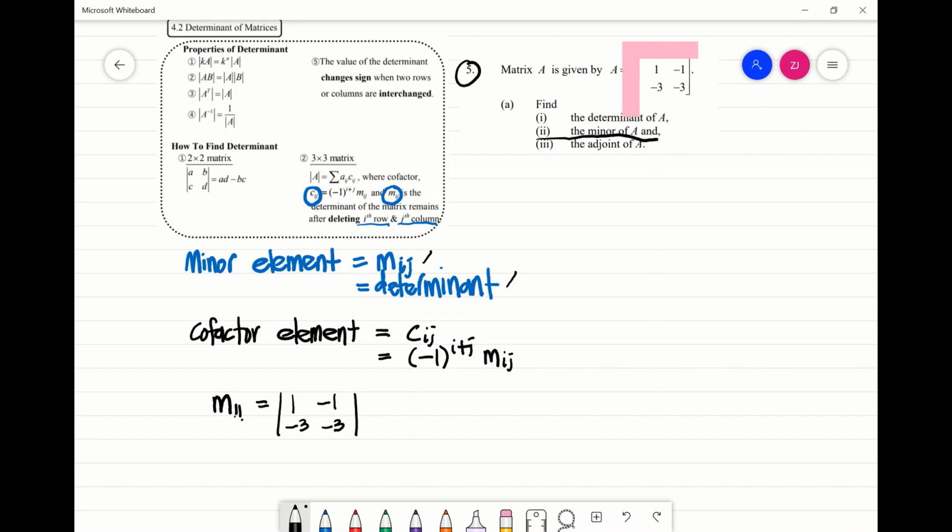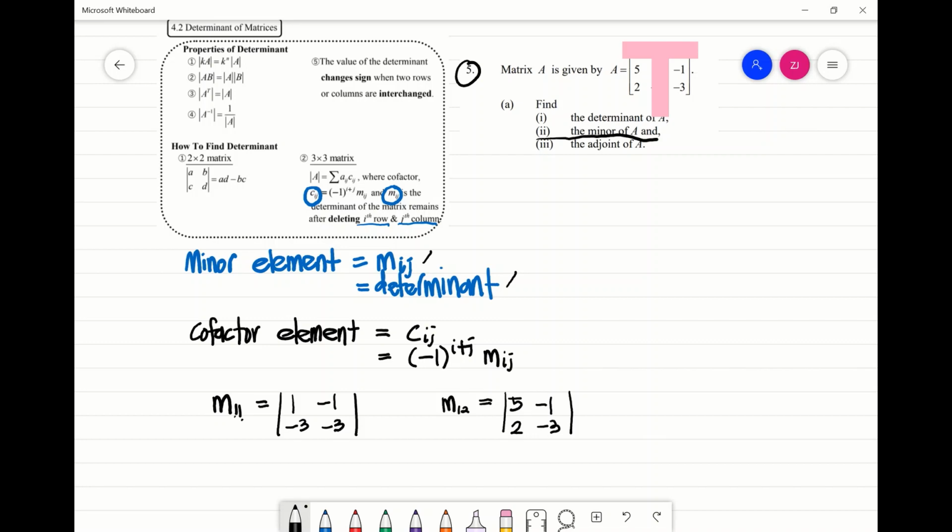While M12 is basically the determinant of the matrix that remains when we close the first row and second column. So the elements that we can see here are 5, -1, 2, -3.